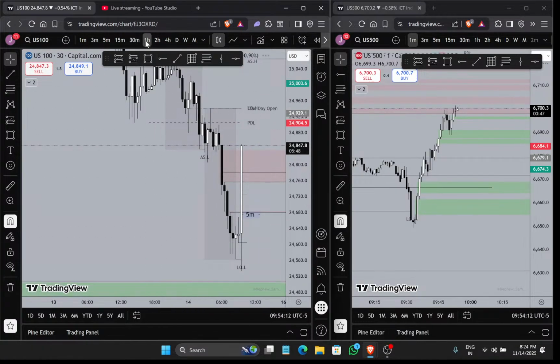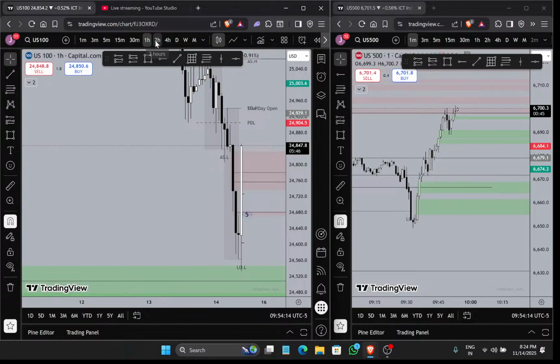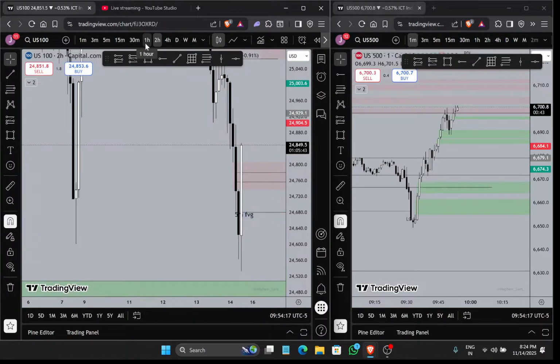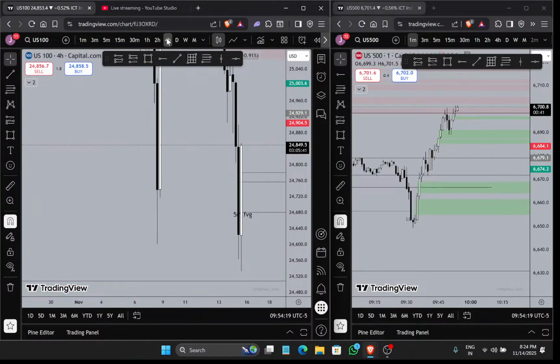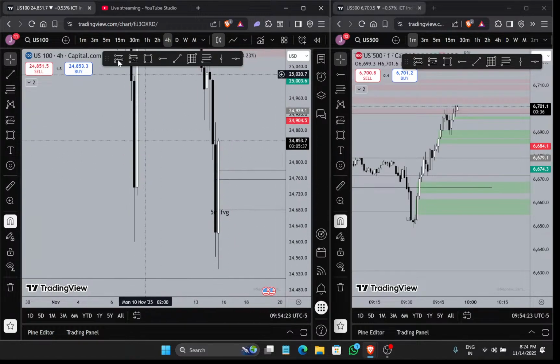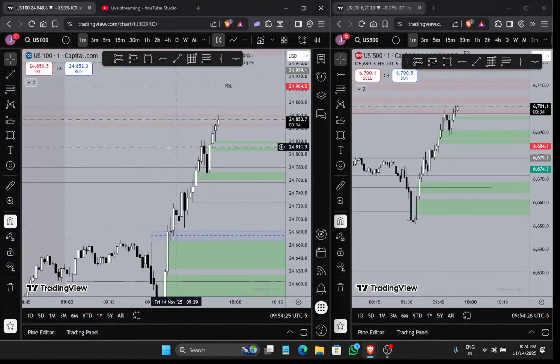We are inversing this 30 minute in a few 5 minutes. We are inversing 1 minute in 5 minutes. We are inversing this 2 minute one hour. We may tap into some key levels on the upside, but still.